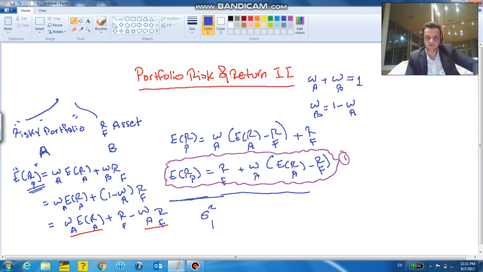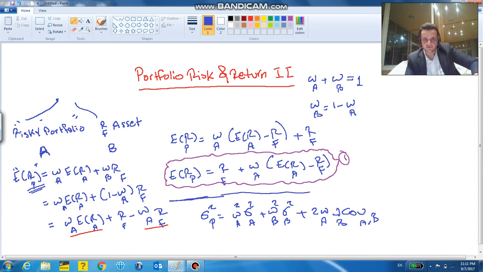The variance of this new portfolio is weight A squared multiplied by variance of A plus weight B squared multiplied by variance of B plus 2 times weight A, weight B, and the covariance between A and B. B is basically the risk-free asset, and the risk of the risk-free asset is 0, so this expression cancels out from the variance of the new portfolio.